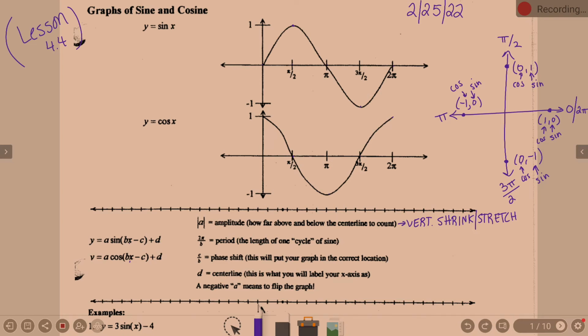So this is your horizontal shrink or stretch. When that value is multiplied directly by x, it's going to affect whether this graph is longer or shorter. So this is your horizontal shrink and stretch.